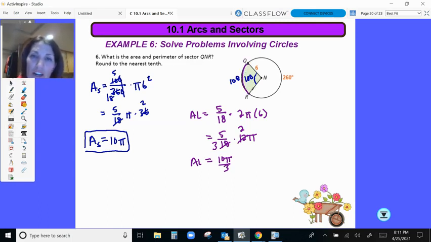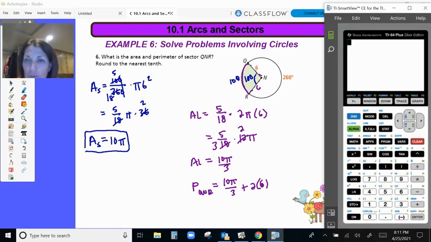But the perimeter of this entire thing also includes these two radii right there. That 6 is that 6. So my perimeter of QNR is going to be equal to 10 pi over 3 plus 2 times 6, because we have to add those other two 6s around. Let's calculate that out.